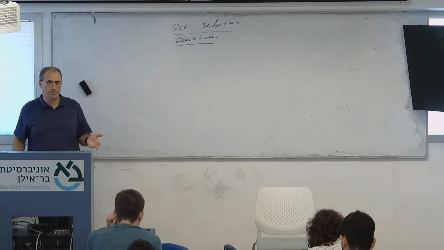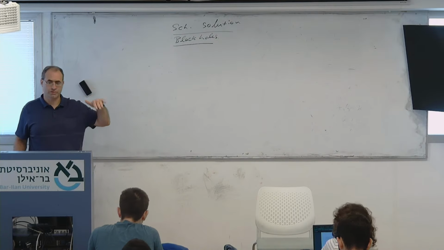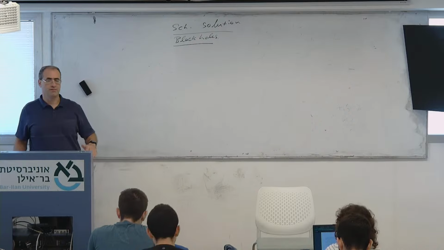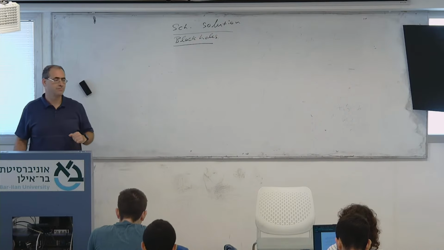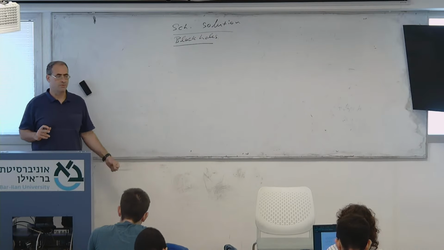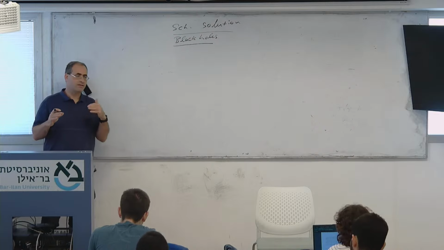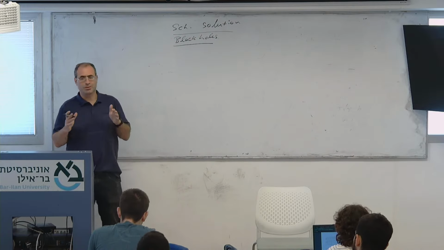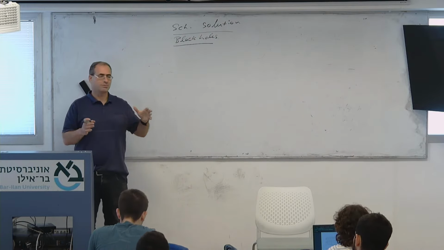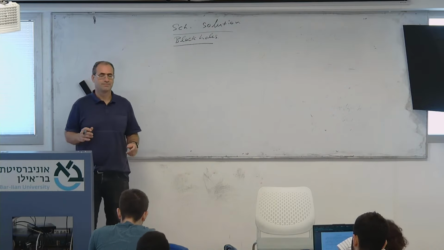So far, everything we discussed was about trajectories of particles that move in the Schwarzschild metric, but at radii much greater than 2GM over c squared. As I said, and I say it again, this is the only thing that is relevant when we discuss motion in the solar system.